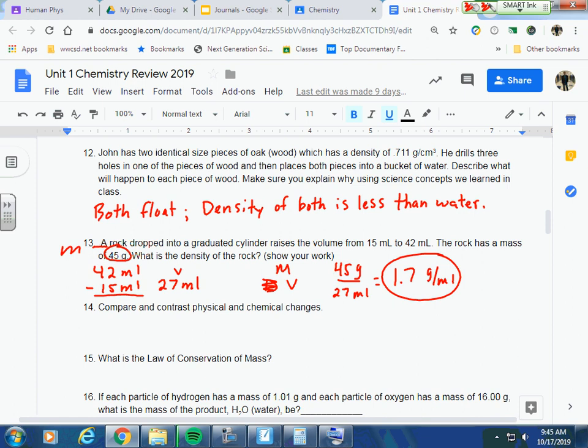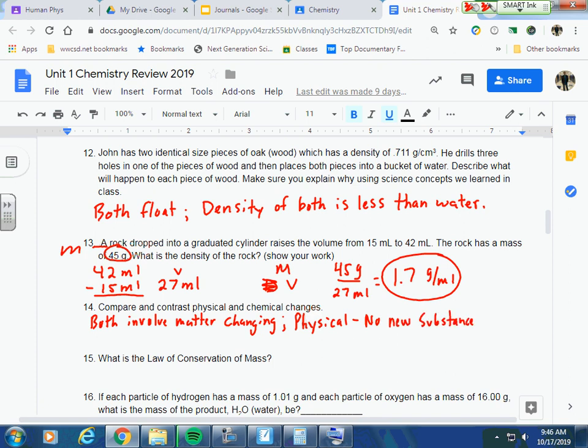Okay, compare and contrast physical changes. Well, matter is being changed in both of them. Both involve matter changing. If I contrast the two, though, with a physical change, no new substances are made.